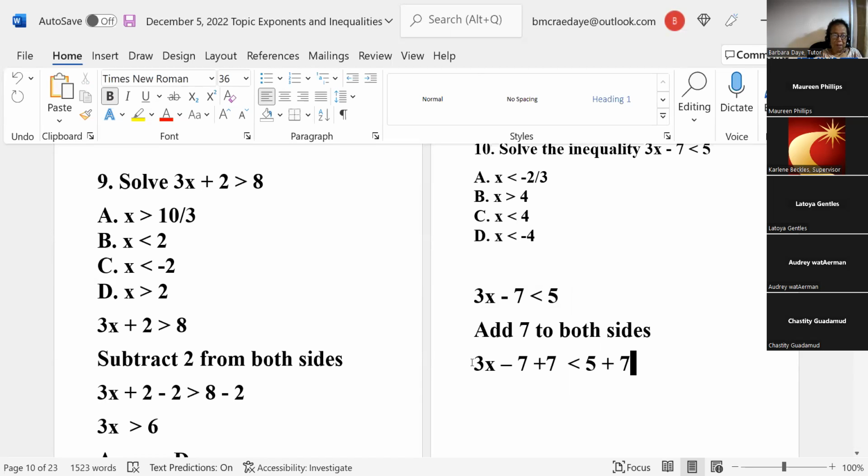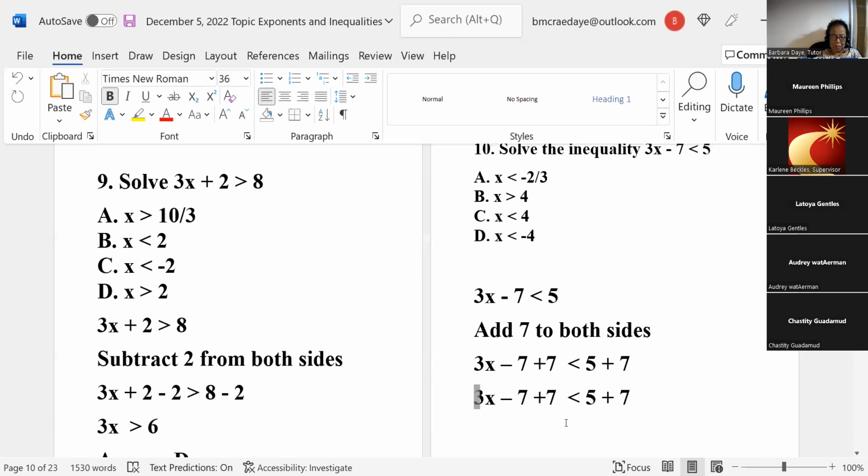What do you have here on the left side? 3x minus 7 plus 7. What does that equal? A minus 7 and a plus 7, Audrey, give you what?